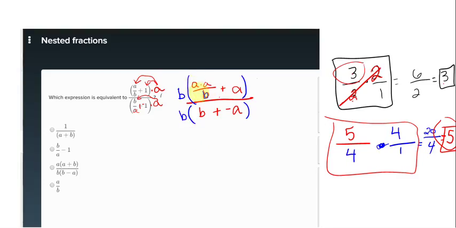Now my new top is going to become, let's see, when I multiply b with this term, I'm going to just be left with the top because my b will cancel with the bottom b.